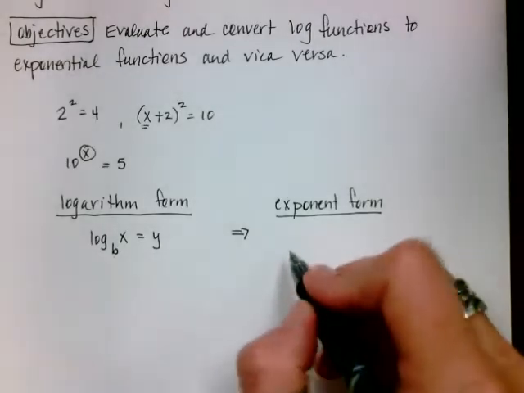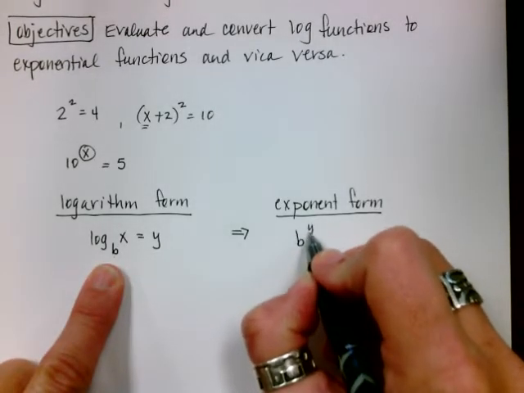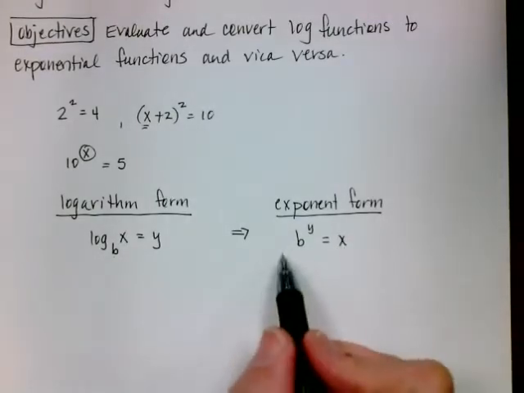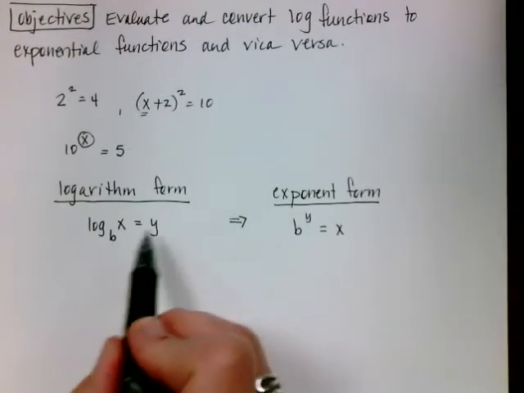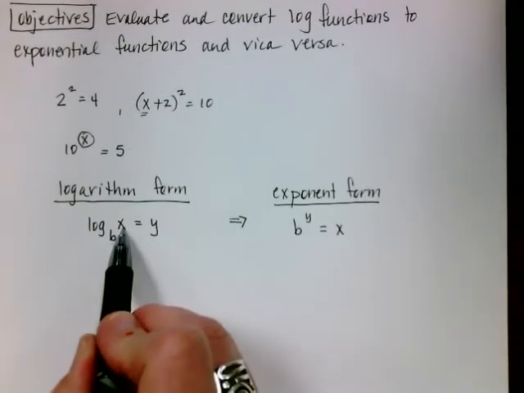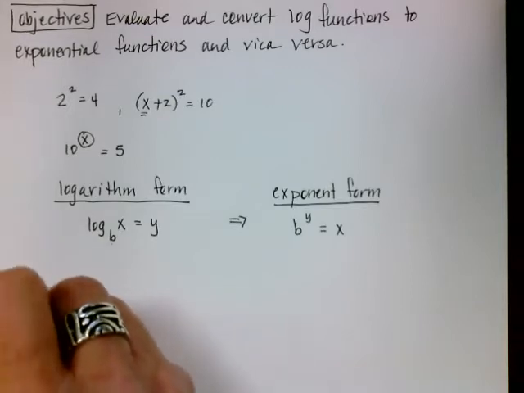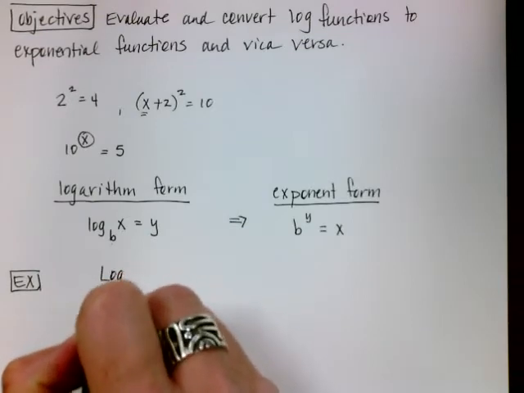So the way that I would write this is the base is b to the y equals x. Okay? These two statements represent exactly the same thing. So the base to the answer equals this. All right? So let me do some examples where I am converting from log form to exponent form.